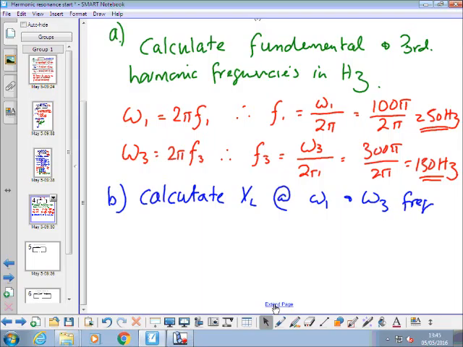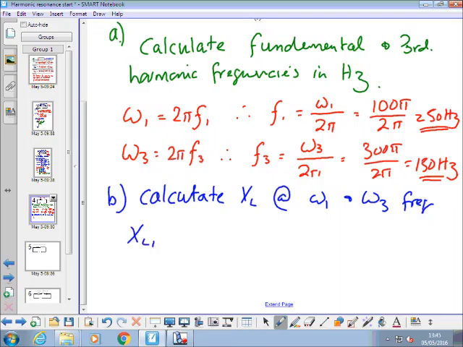So how are we going to do that? You don't need to convert it to hertz. I've asked you to do it in the first part of the question, but you just need to do it in that omega form. Yes, of course you can.